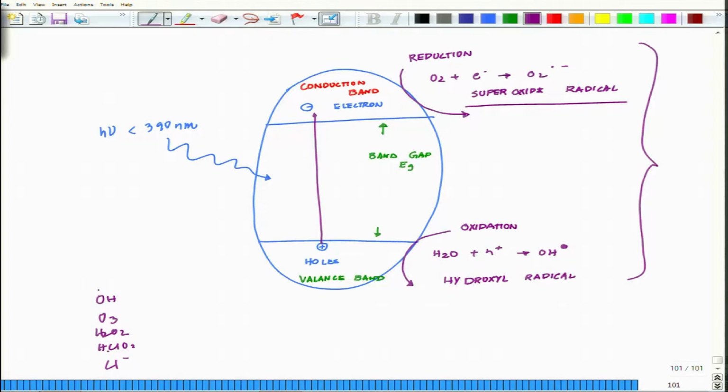If you see their half-cell reactions, it is something like this: OH dot plus H plus electron forming water, and the oxidation potential is around 2.80 volt. Likewise, there is a series of these reactions, which are not of significance, but one of the areas where much of the work has happened in the last 20 years is this.